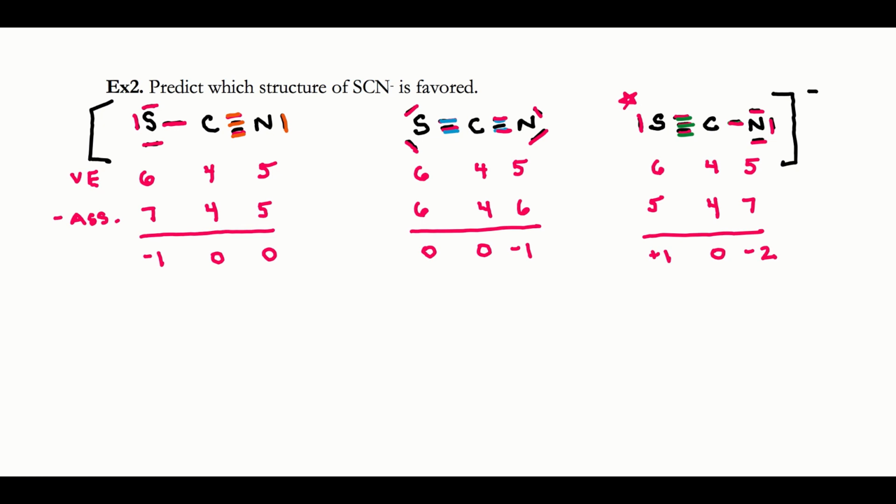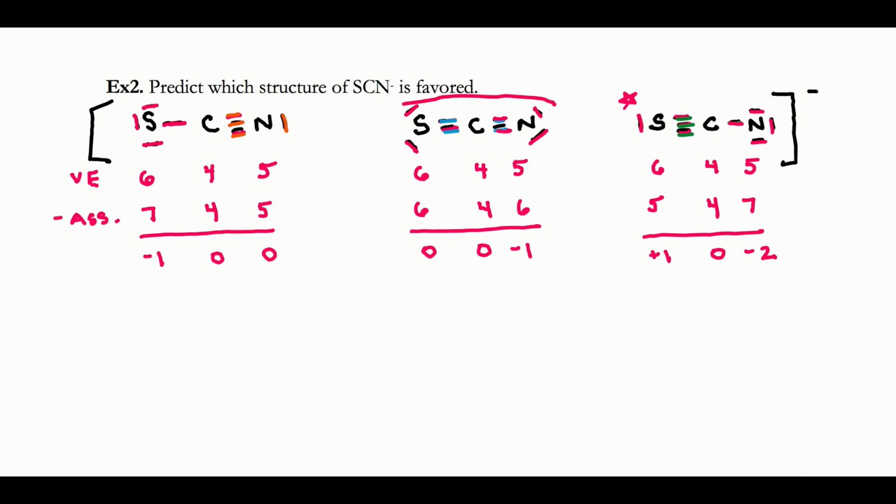So notice, this is a little bit confusing trying to figure out which is more electronegative, because while sulfur is further down on the periodic table, which would make you think that it is less electronegative, it's also farther to the right, making you think it's more electronegative than nitrogen is. So keep in mind, a vertical movement, so the fact that it's lower on the periodic table, is more important than the fact that it is further to the right. And therefore, nitrogen is going to be more electronegative than sulfur. So the Lewis structure that shows nitrogen having a negative formal charge, that is the one that will be favored.